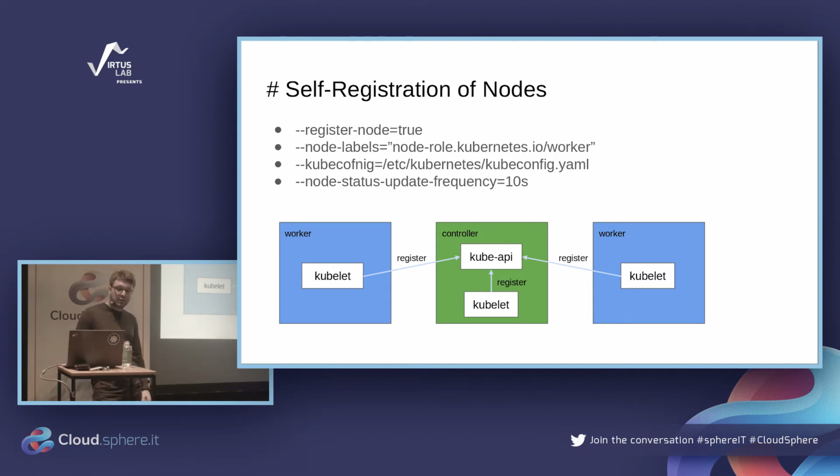We also have to pass a kubeconfig with the location of the API server and corresponding certificates to be authorized. And we can specify the node status update frequency in seconds, which means how often kubelet will send health checks to the API server about the status of its node.